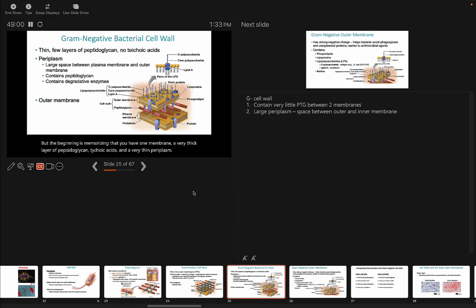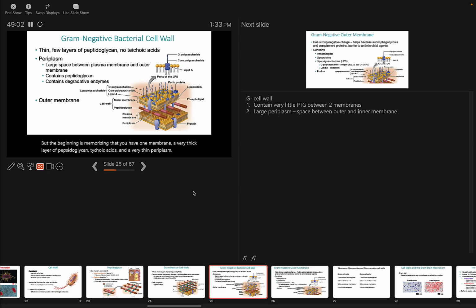Okay, gram negatives. Well, let's think of all the things of gram positives. Gram positives only have one membrane. So gram negatives have to be different. They have two. Gram positives have a really thick layer of peptidoglycan, so gram negatives have to be different.